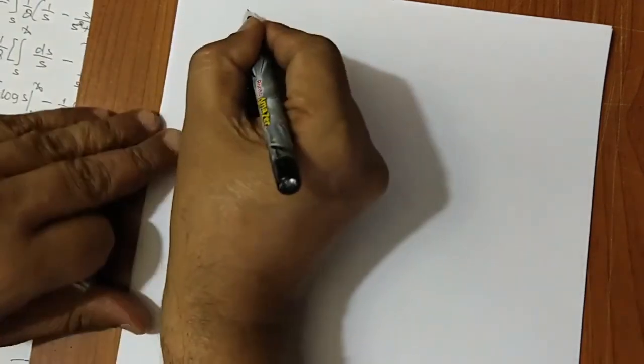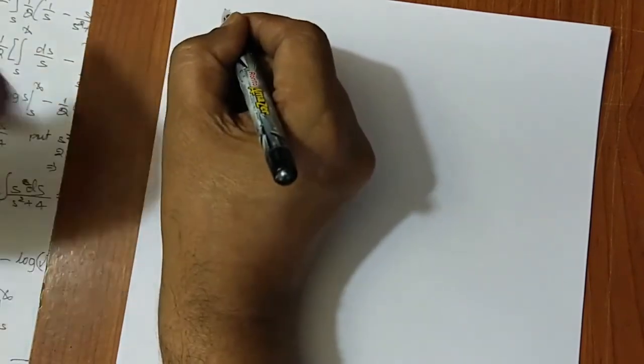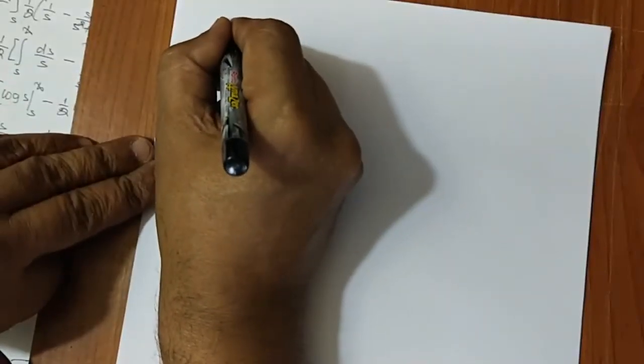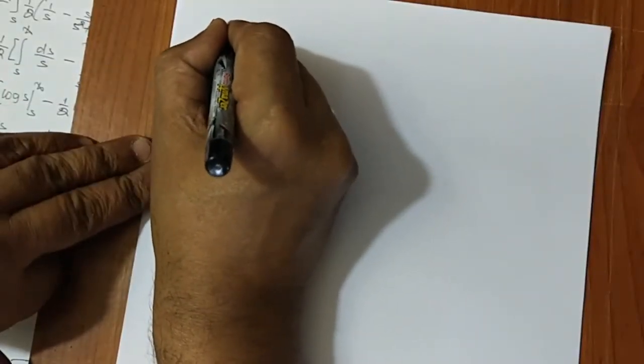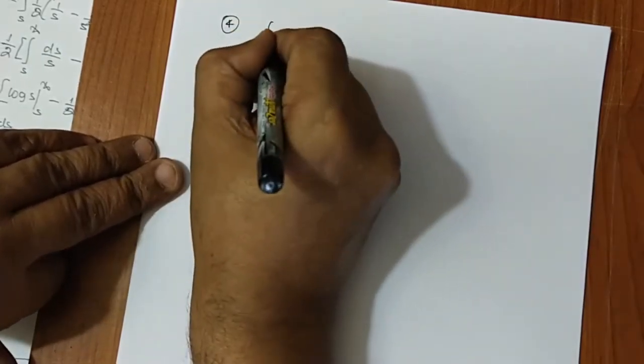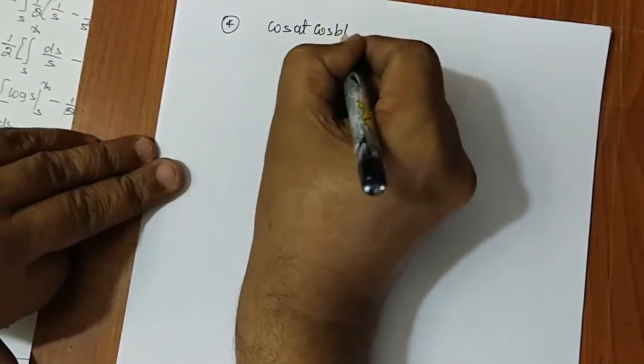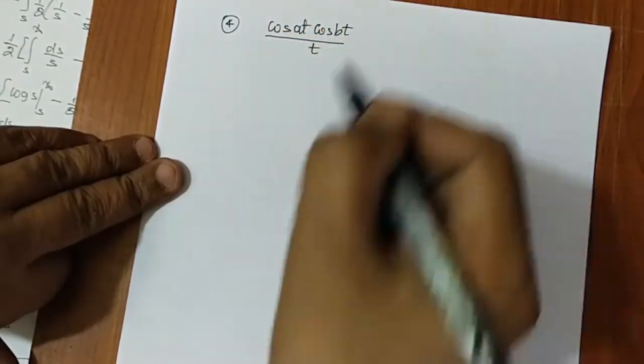Similarly, you can go for cos at into cos bt by t. I can write this as the first one, and it will be my third problem, fourth problem. In particular, it is the fifth problem in total. I consider cos at into cos bt by t.